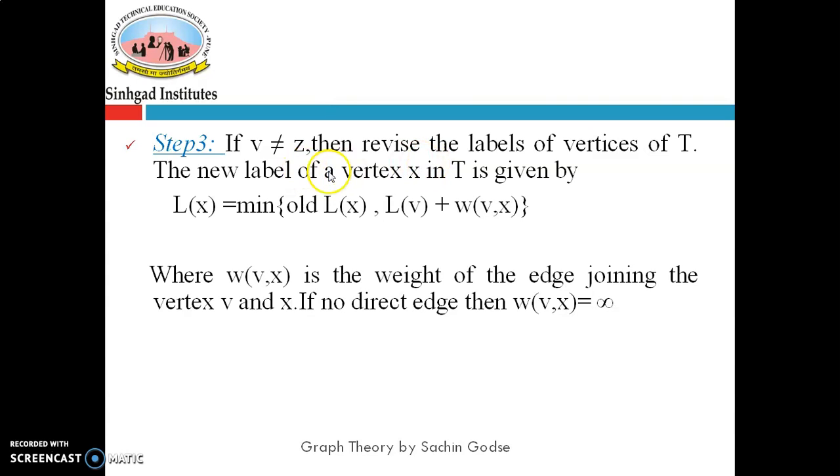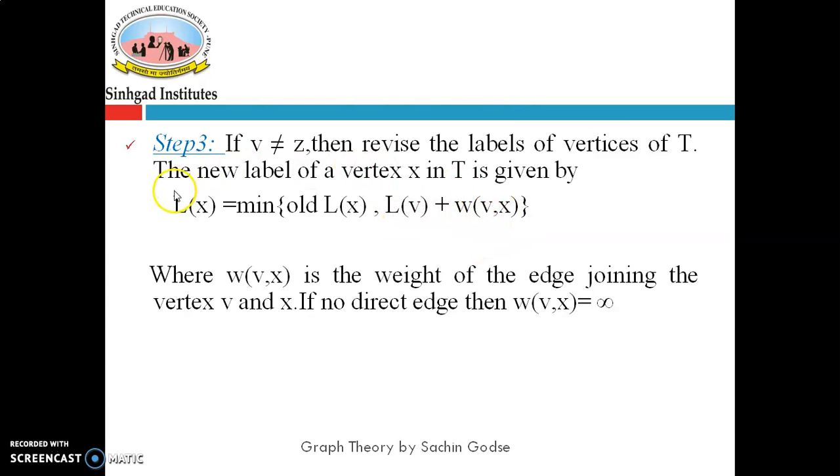The new label of vertex X in T is given by Lx is equal to the minimum of old Lx, comma, LV plus W(V, X).